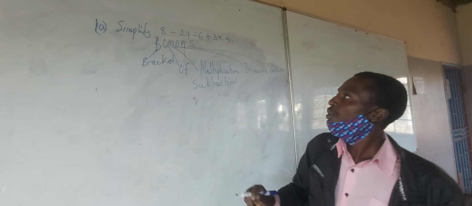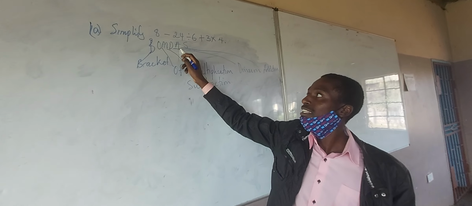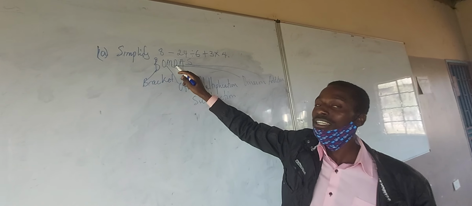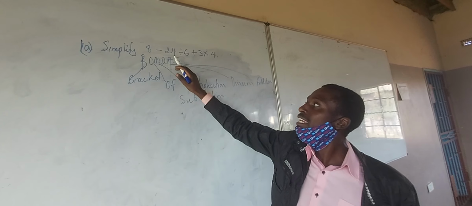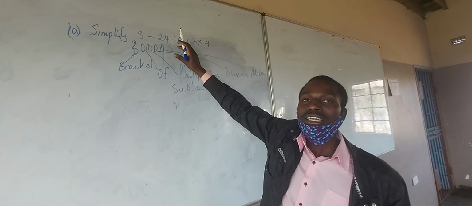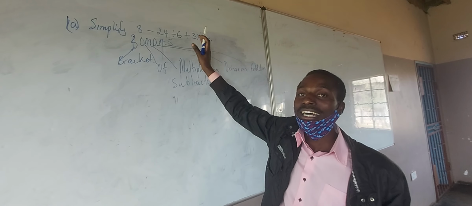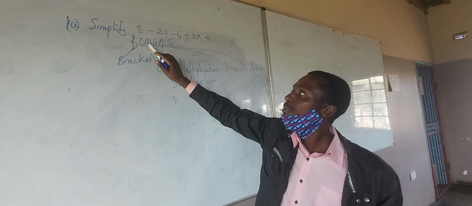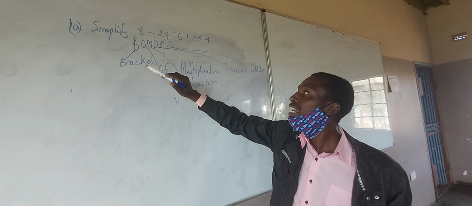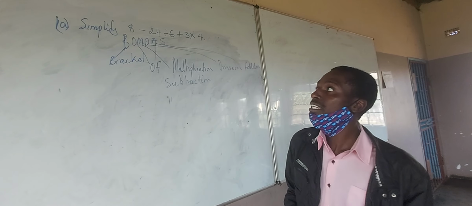So we first multiply before addition. We first divide before addition. Then lastly, we have to use subtraction later, after doing multiplication, after doing division, after doing addition. Then lastly, we have to apply our subtraction.